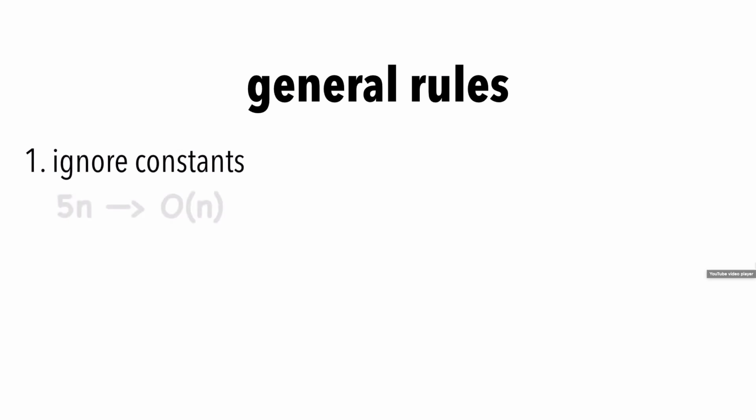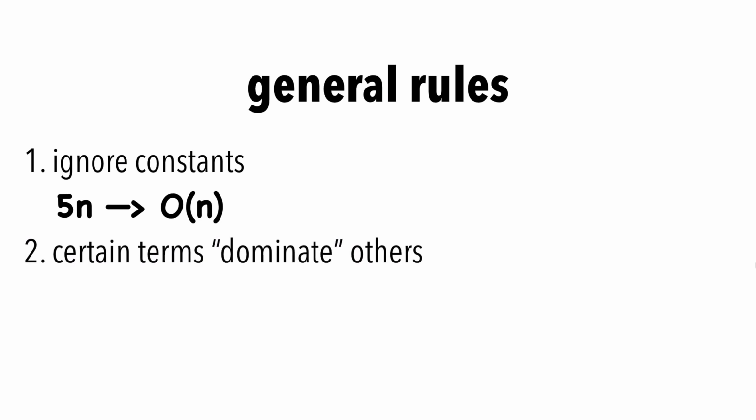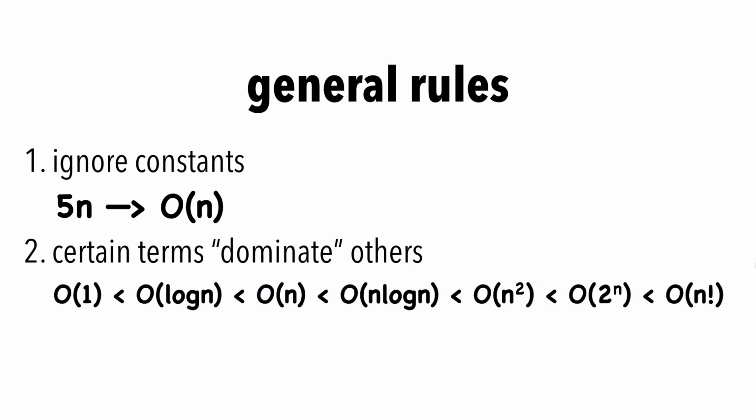For example, if you have a function that runs 5n, that runs on the order of Big O of n, because as n gets large, the 5 no longer matters. In the same way, as n grows, certain terms dominate others. Here's a list, but I'll show you a visual on the next page.